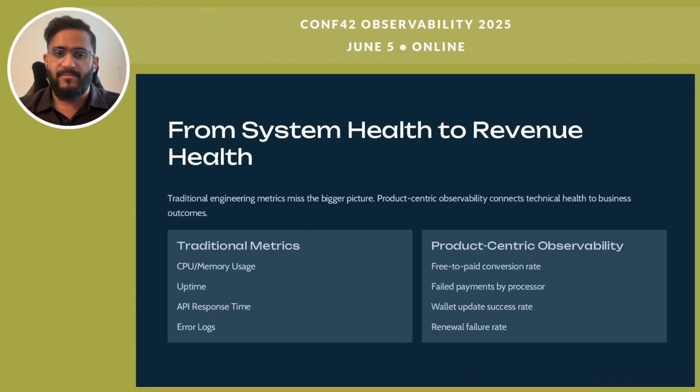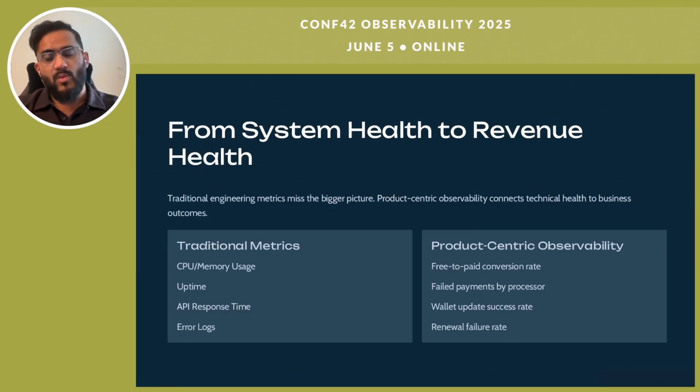And here is a simple comparison. CPU usage, good. But did your free trial users convert? That's even better, right? Then response time, quite useful. But did wallet updates succeed? That's quite actionable. And how about uptime? That's necessary. But did renewals go through? That's actual revenue. Let me give you an example, right?